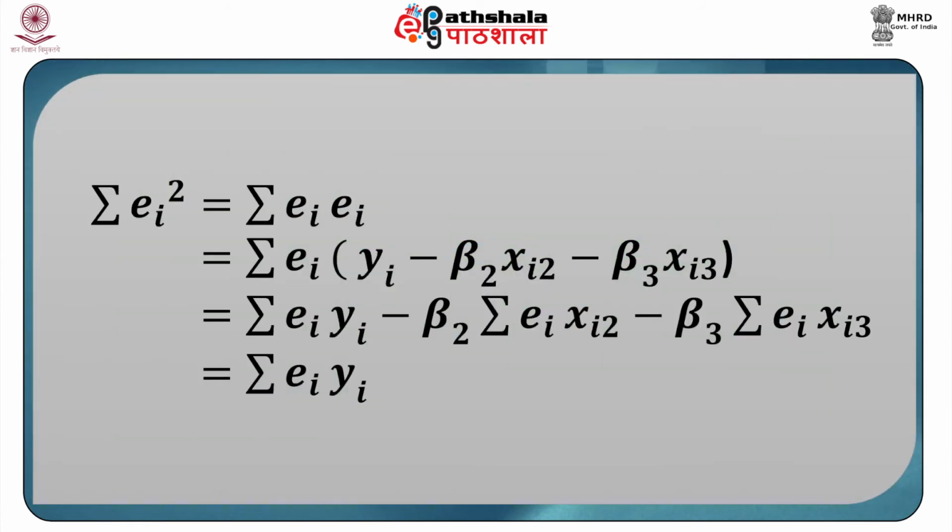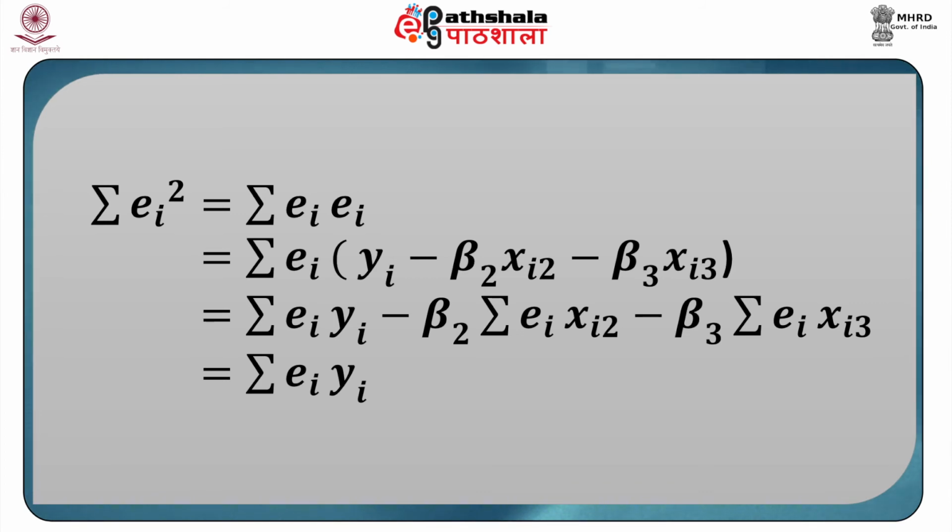Taking this square and summation, we find sigma e_i square, which is equal to sigma e_i into e_i. This can be written as sigma e_i into (y_i minus beta 2 x_i2 minus beta 3 x_i3).